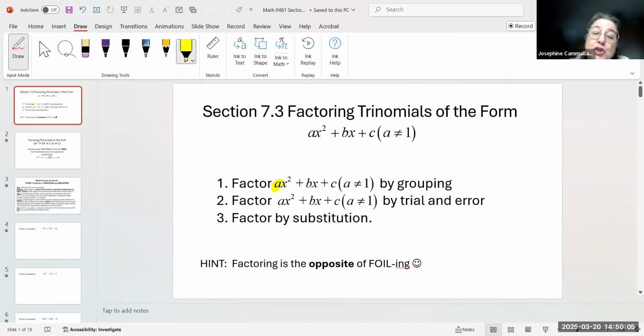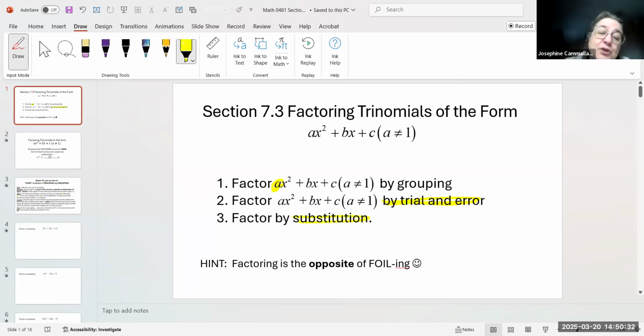Now, your book talks about trial and error. Well, believe it or not, we're kind of narrowing down the trial and error choices by taking that A times C factor. Rather than guess, we have a system. We're going to use it.